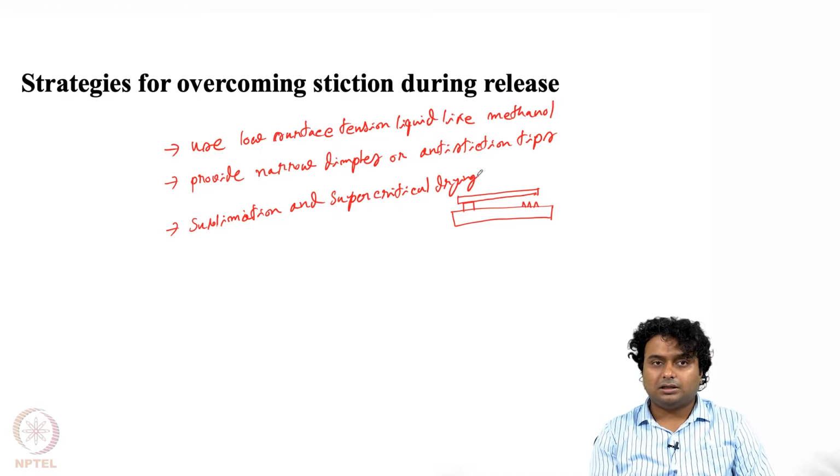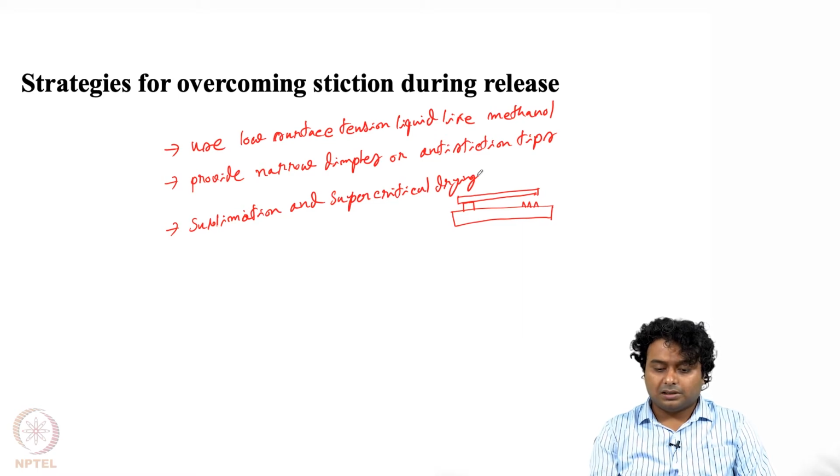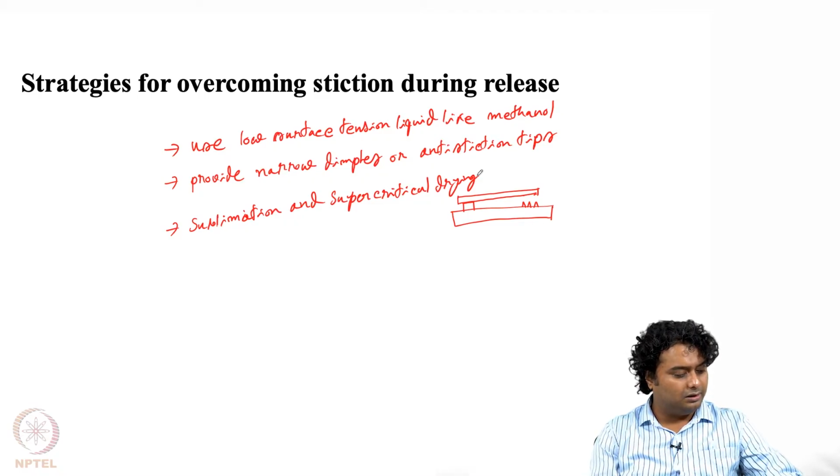These are two different techniques where we do not actually form a liquid-gas interface, because in sublimation the solid material itself directly evaporates without going through the liquid phase. And supercritical drying is a similar technique where we have a liquid going to the gas phase without forming a liquid-vapor interface. So we will discuss sublimation and supercritical drying later in a little bit of detail.